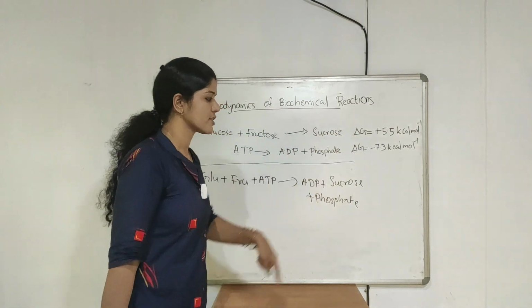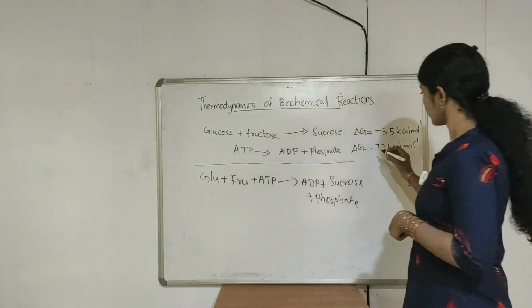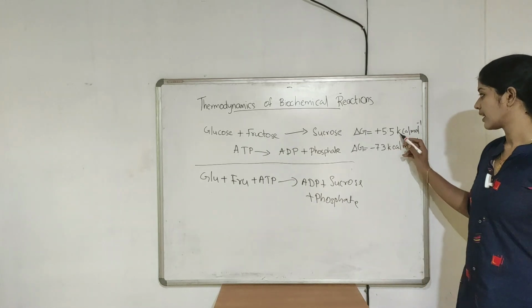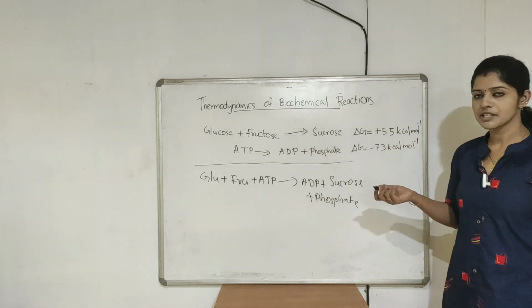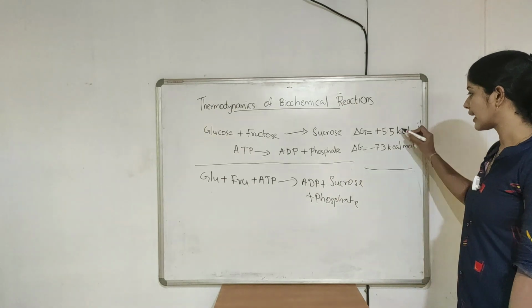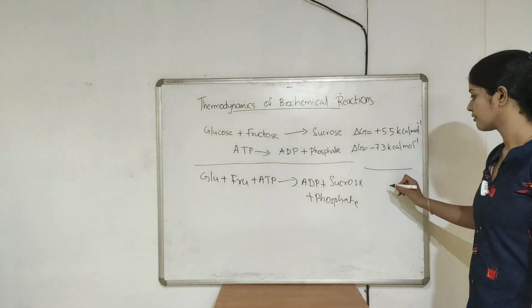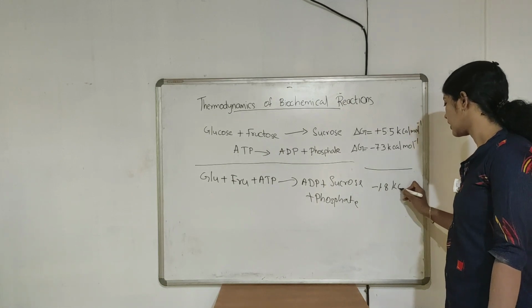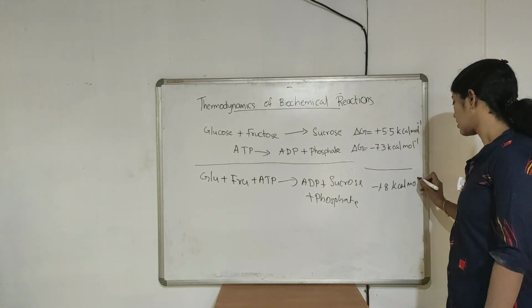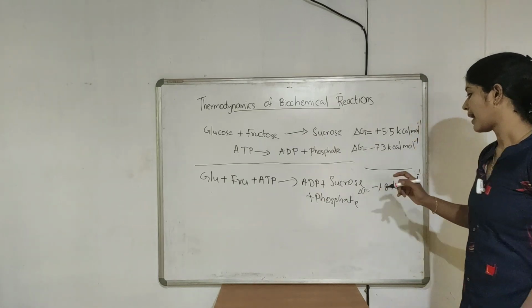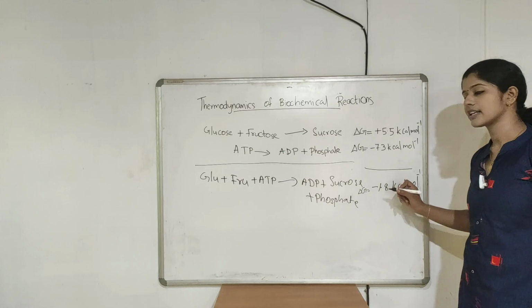Now, in case of delta G, the first was plus 5.5 kilocalories per mole, and for the second reaction it is minus 7.3 kilocalories per mole. When you add these two values, we get minus 1.8 kilocalories per mole.